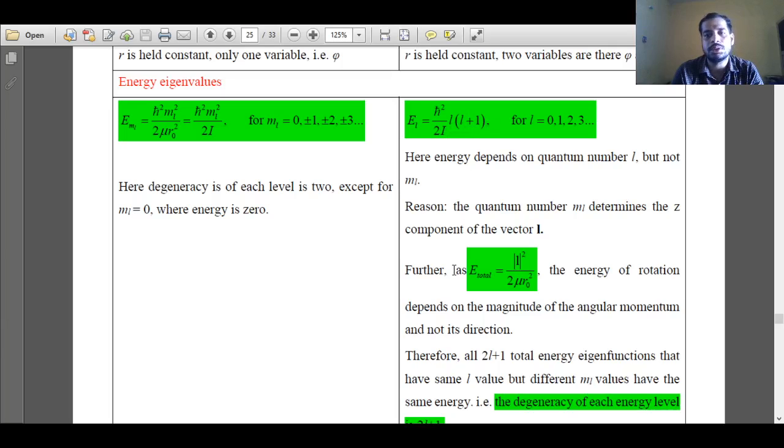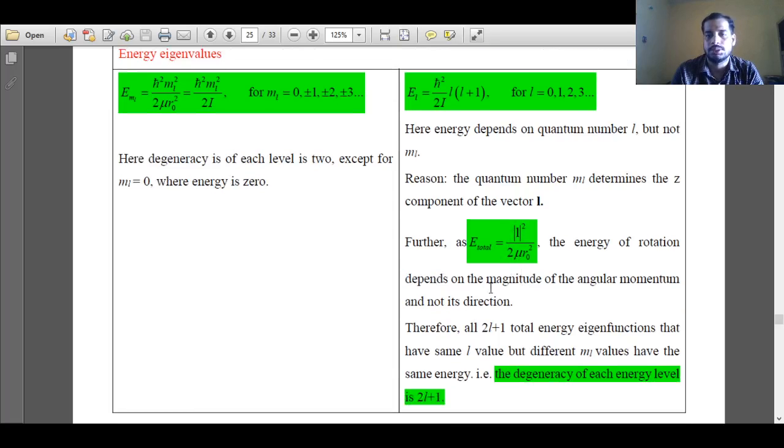But we also know that for rotational motion, the total energy is also given as L² over 2 mu r0², or 2I. So the rotational energy is dependent upon the magnitude of angular momentum. Okay, so we will relate this angular momentum and energy terms.